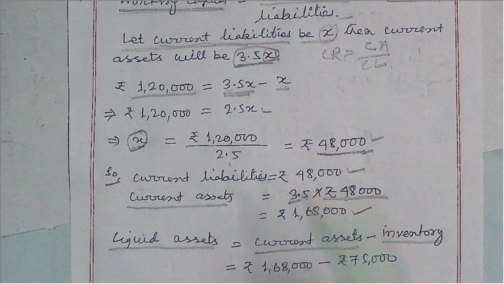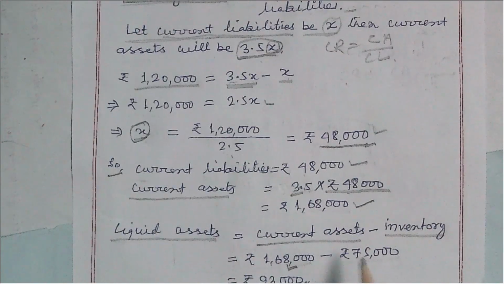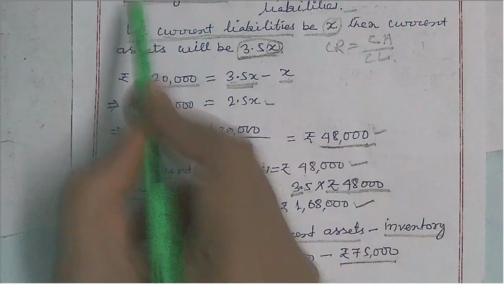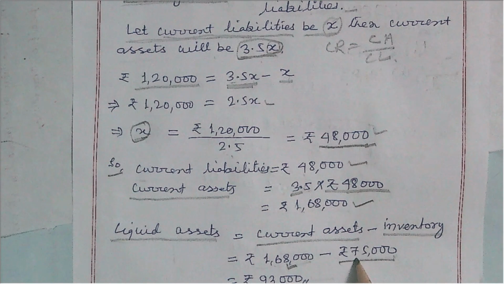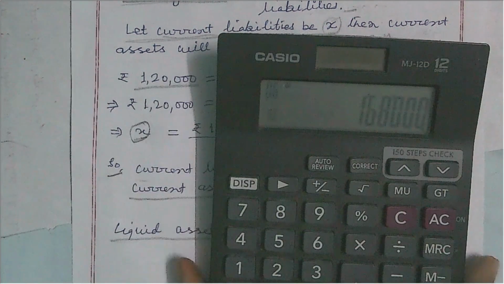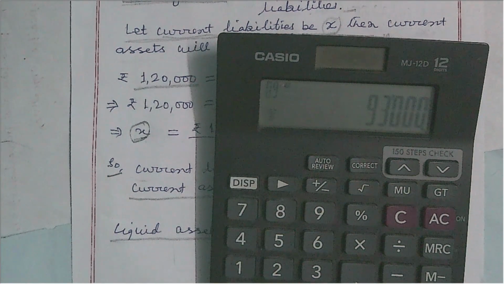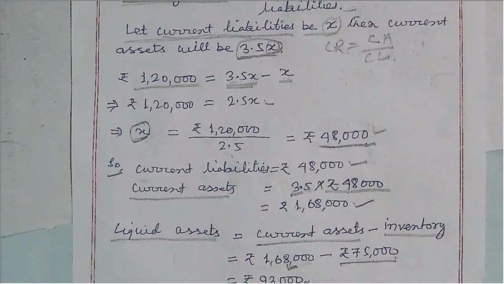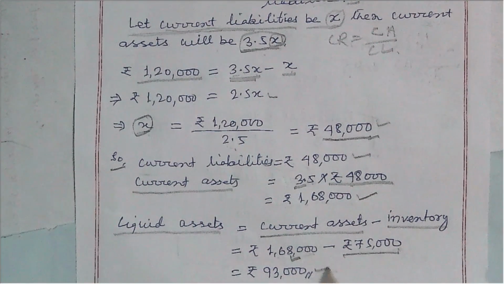Current assets value is calculated as 1,68,000, and inventory's value is given in the question as 75,000. So 1,68,000 minus 75,000 is 93,000. So liquid assets value is 93,000.